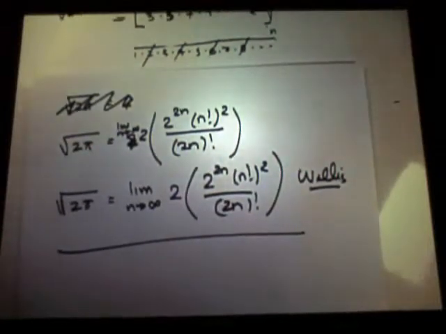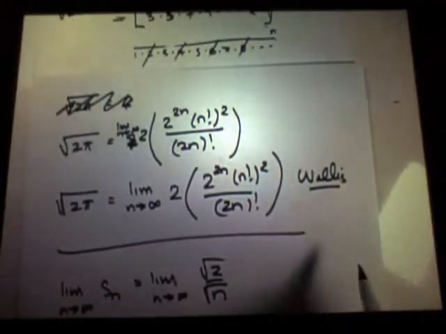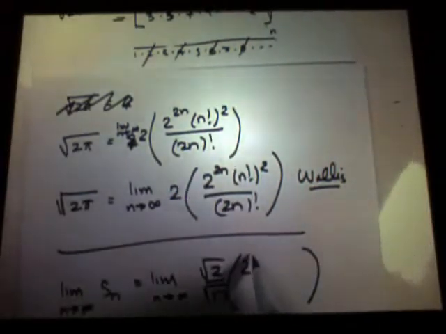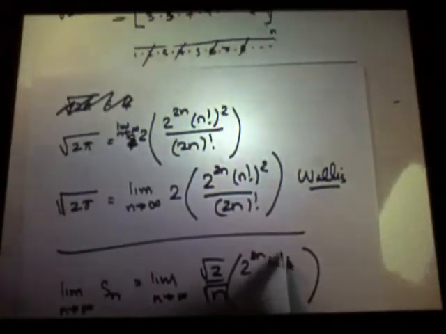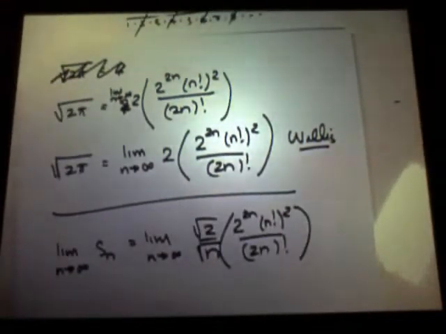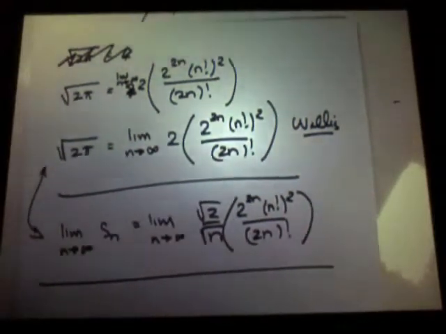We're saying that's true. Our expression, the limit as n goes to infinity of the S_n, is the limit as n goes to infinity of square root of 2 over the square root of n times 2 to the 2n, n factorial squared over 2n quantity factorial. All right, so now we have to merge these and get an expression.